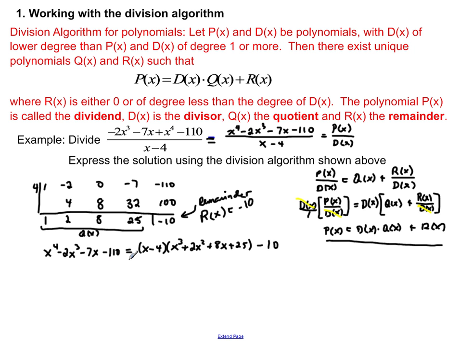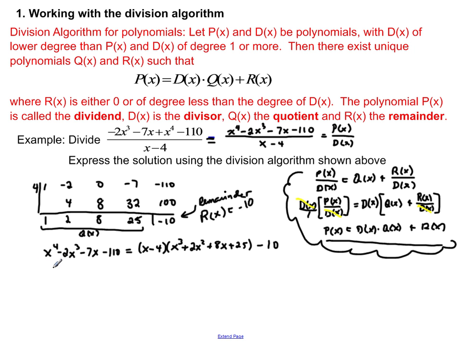Only in this case, we've rearranged that equation, just like we did right here in this explanation. Right? And by the way, you should do this as an exercise: carry out the multiplication. x minus 4 times x cubed plus 2x squared plus 8x plus 25, then subtract 10, and you should get x to the fourth minus 2x cubed minus 7x minus 110.